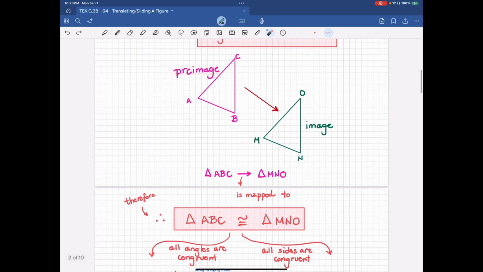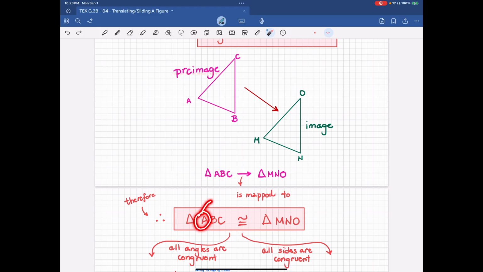When we know that two triangles or two polygons are congruent, we can say that all the angles are congruent and all the sides are congruent. So I can look at this and match up the angles.